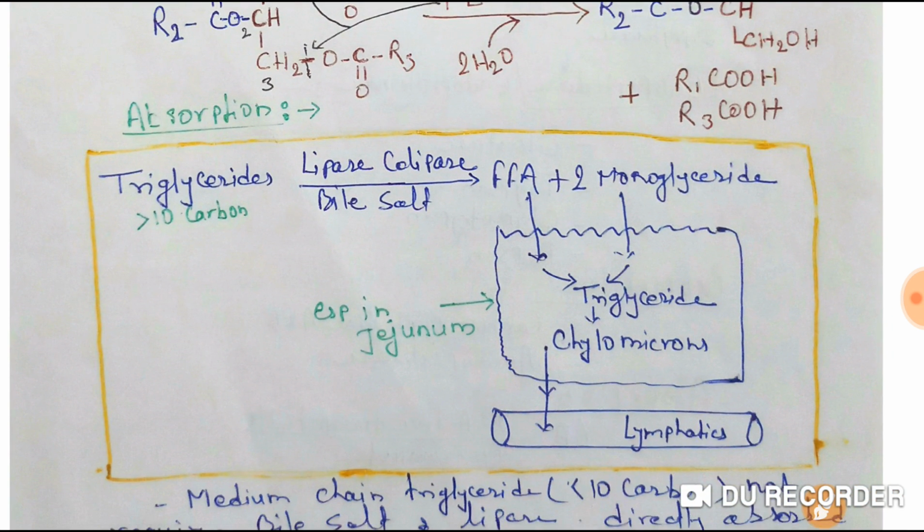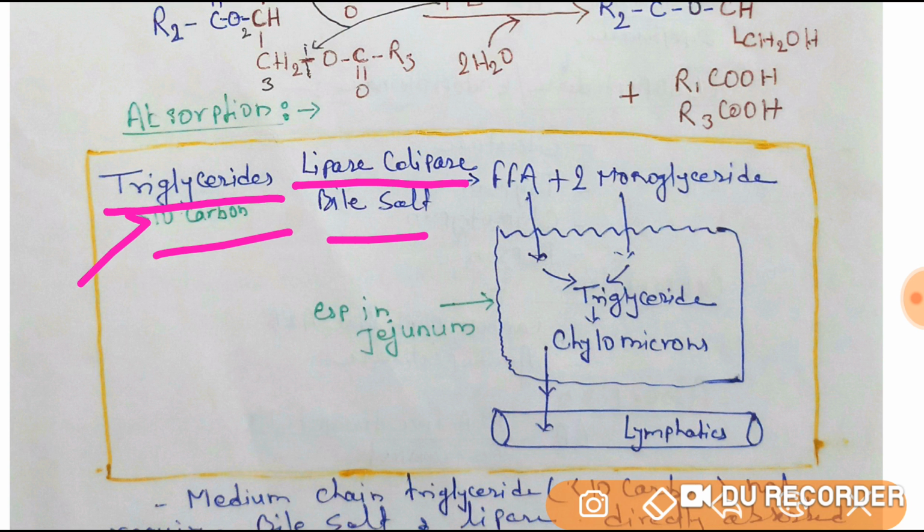For the absorption of triglyceride, lipase, colipase and bile salt convert the triglyceride, that means with more than 10 carbon. The criterion is that fat with more than 10 carbon gets broken down to free fatty acid and 2-monoglyceride.